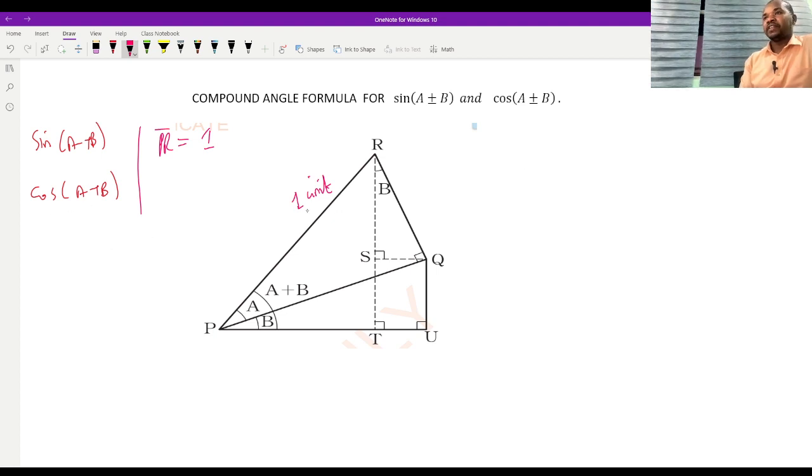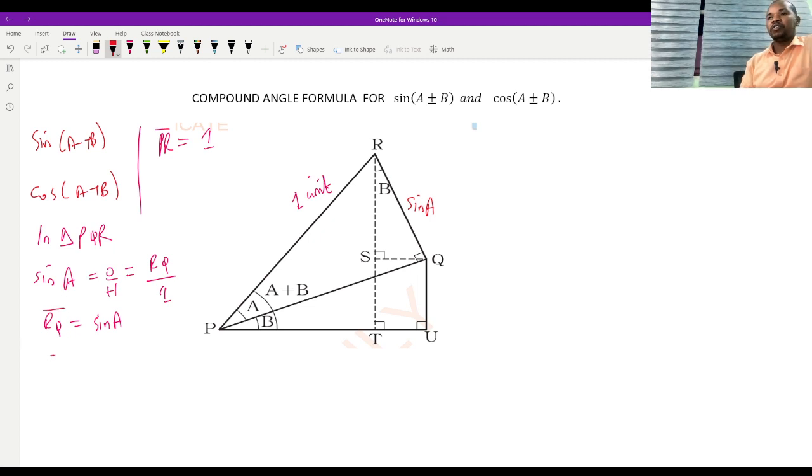So to start, I will say that in triangle PQR, sine of angle A will be opposite side over hypotenuse, and opposite side is going to be RQ over 1. 1 means PR, of course. So RQ is going to be sine A. So in place of RQ, we can put there sine A.